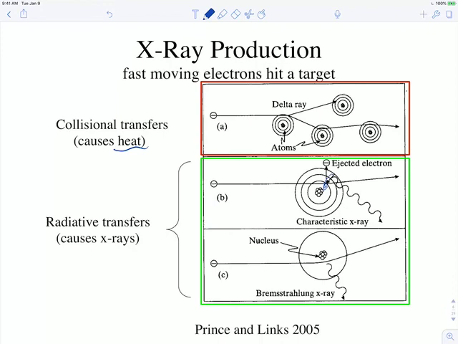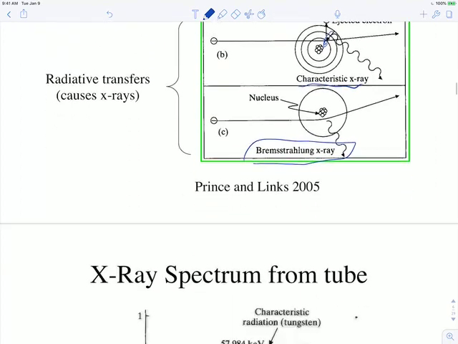Those are called characteristic X-rays, and they'll appear as little peaks in our X-ray spectrum. But by far the biggest source of X-rays is what's called Bremsstrahlung, or braking radiation, which is basically as the electron is coming close to the nucleus, it interacts with the nucleus and changes directions. And as it's doing that momentum change, it gives off some energy.